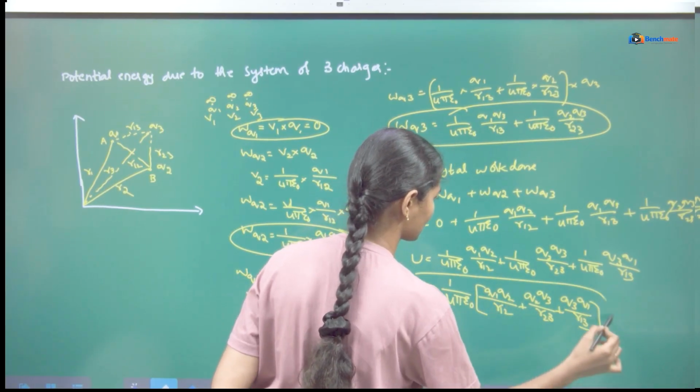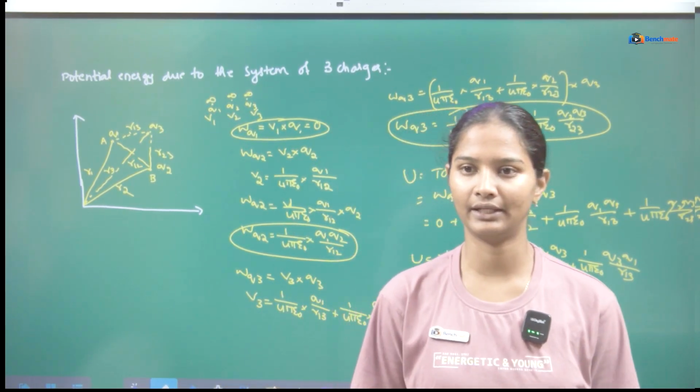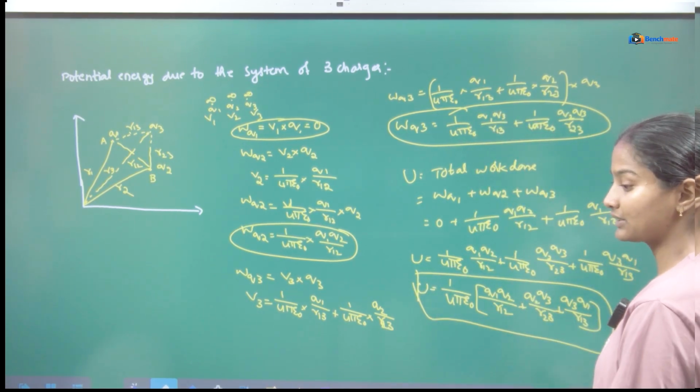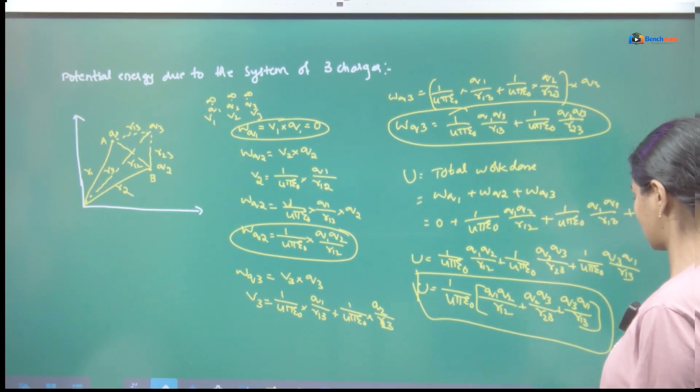That's it. So this much potential energy is stored to bring 3 charges from infinity into the system.